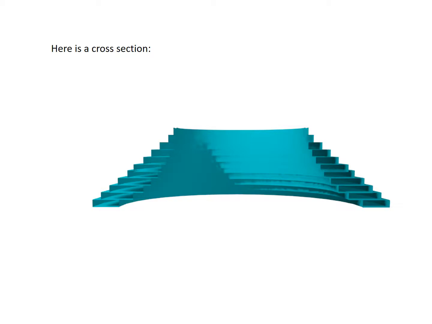Here's what the cross-section looks like if I take a vertical slice of this object, well, actually of the washers. You can see we have the jagged edges here, but we have a rough idea of a line here and a rough idea of a parabola there.